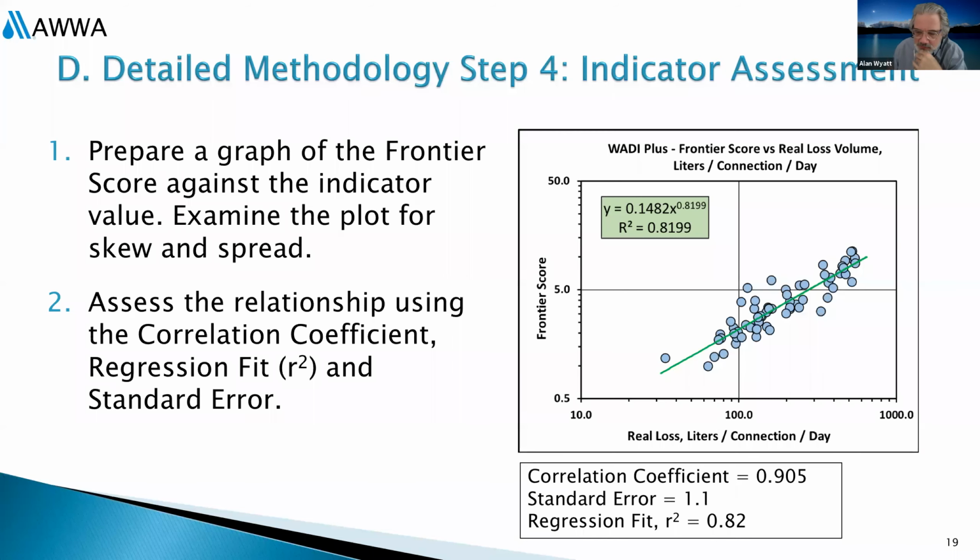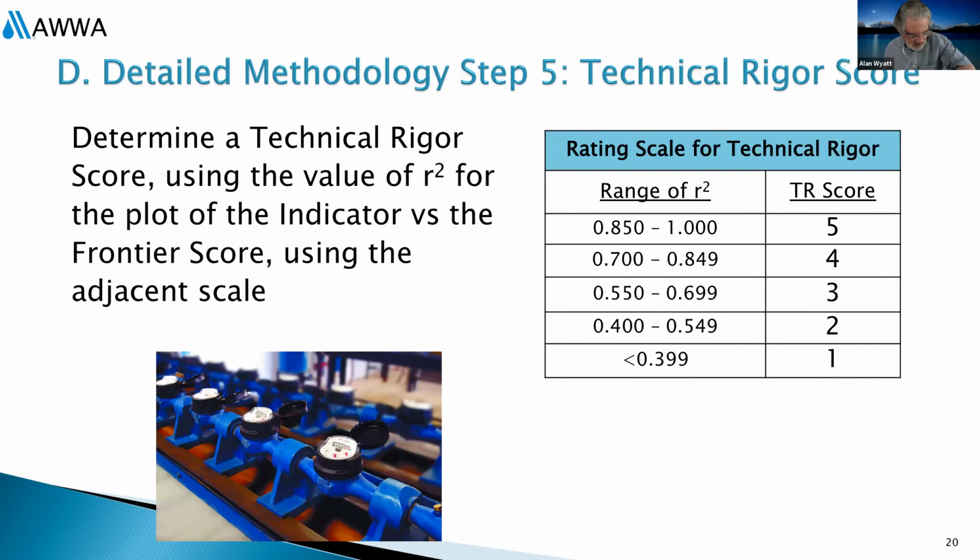We have a correlation coefficient of 0.95, regression fit of 0.82. So that says that unit real loss in liters per connection per day, despite some scatter, maps quite well against frontier score. So we can begin to have some confidence in the rigor of that indicator. Now, we're going to be looking at many others.